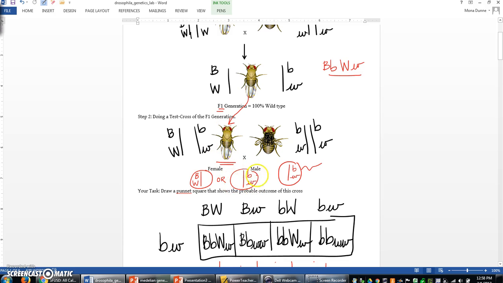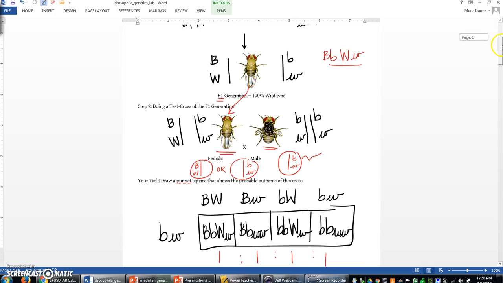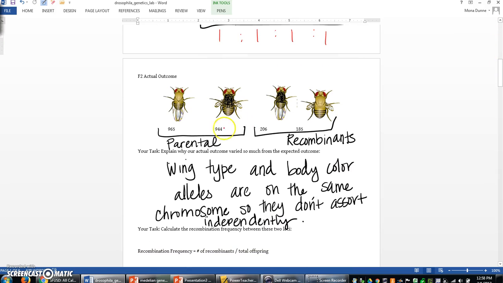If she passes on the other chromosome, then the offspring is going to come out like the male. They're going to look parental in that case. So that's why we see so many that look like the parents. If you come down here, you see that a great majority are parental.